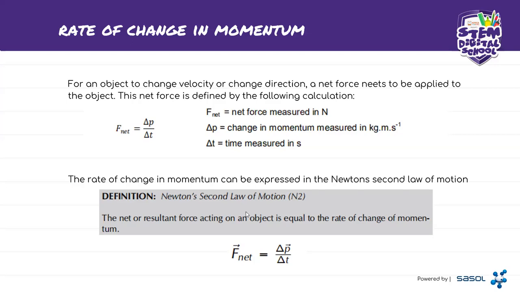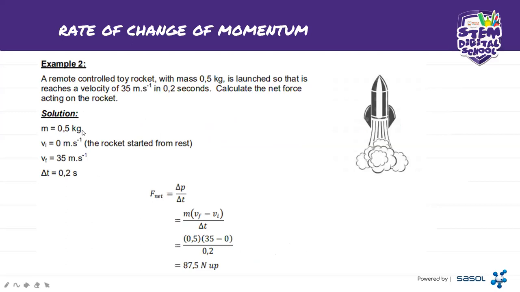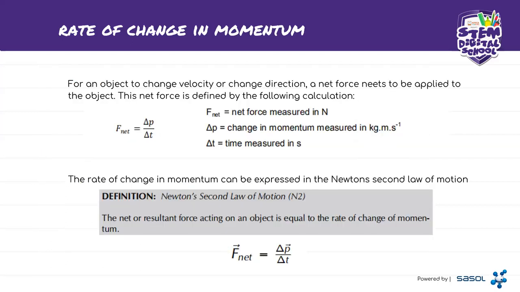It means that your net force is your total force basically. So the net force, your total force acting on an object, is equal to the rate of change of momentum. Does it make sense? I hope it makes sense because you've got your total momentum, and you've got the time it took, so that will be your change in time.